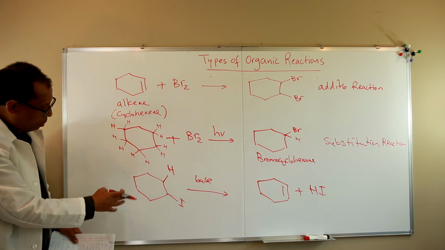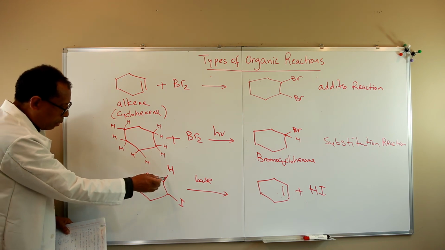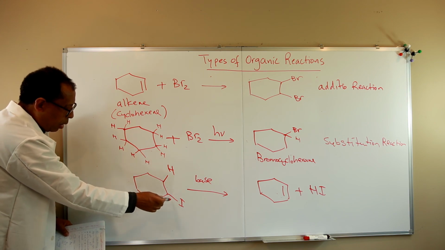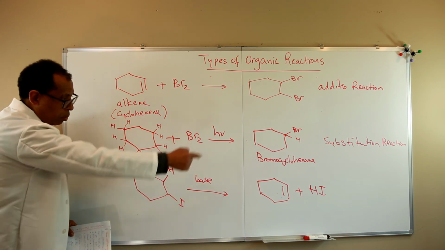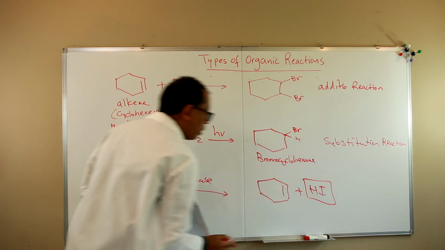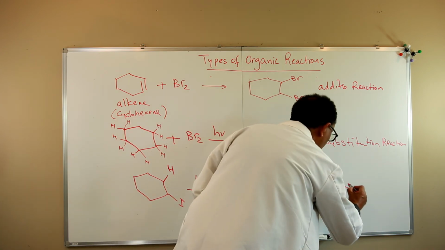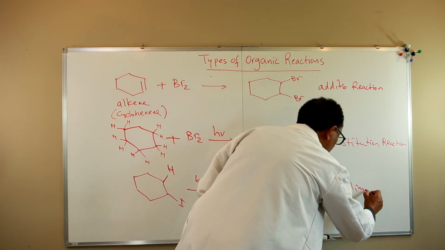So I'm forming a new pi bond over there. So this is elimination of an H and an I group. They go off as HI, a neutral molecule. This is released out of the system. So this is an elimination reaction. You are eliminating a group.